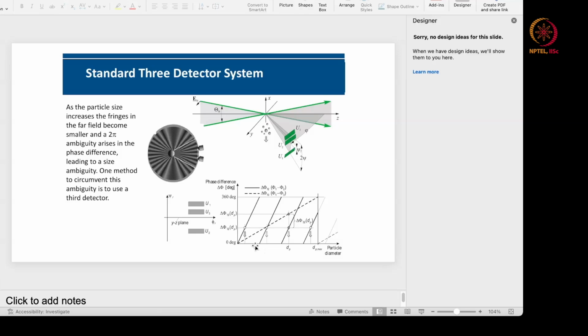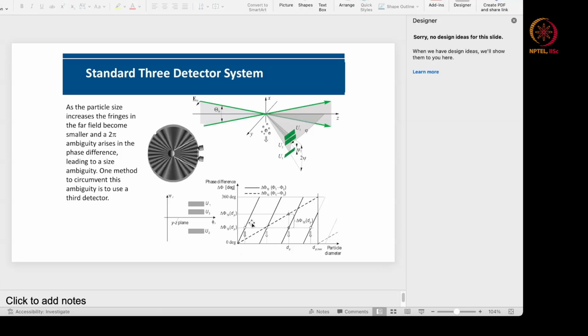But you are measuring only a single phase, so your measurement splits out here. These have the same phase. In reality, you do not know whether the particle is of this size or that size or this size, because all of them share the same phase difference.